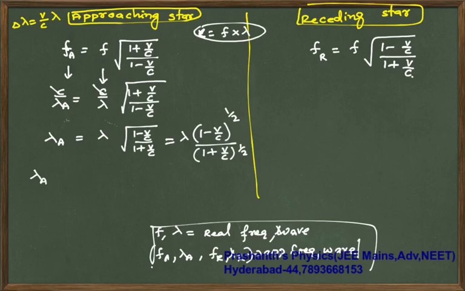Rearranging the terms, it is (1 minus v by c) whole power 1 by 2 times (1 plus v by c) whole power minus 1 by 2.